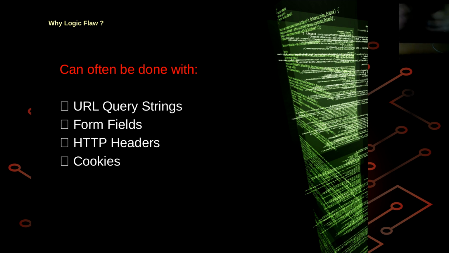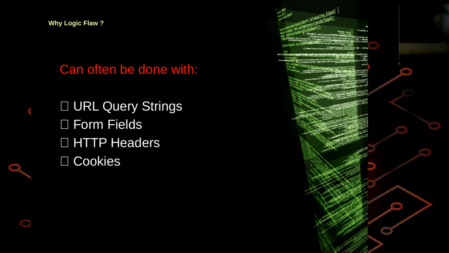The query string allows you to pass information to and from a website by simply editing or appending that information to the end of the URL.